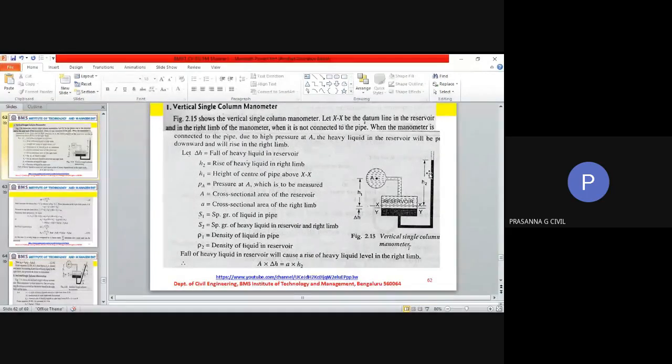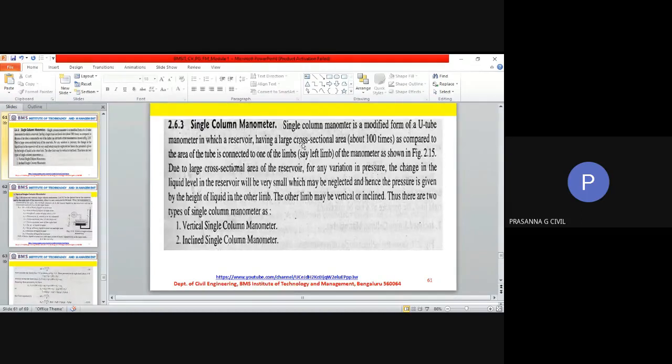It's like from a big vessel, small 2-3 drops are moving down also. Because this tube is very narrow, you will find an appreciable difference here. That type of manometer is called a vertical column manometer, a single column manometer.